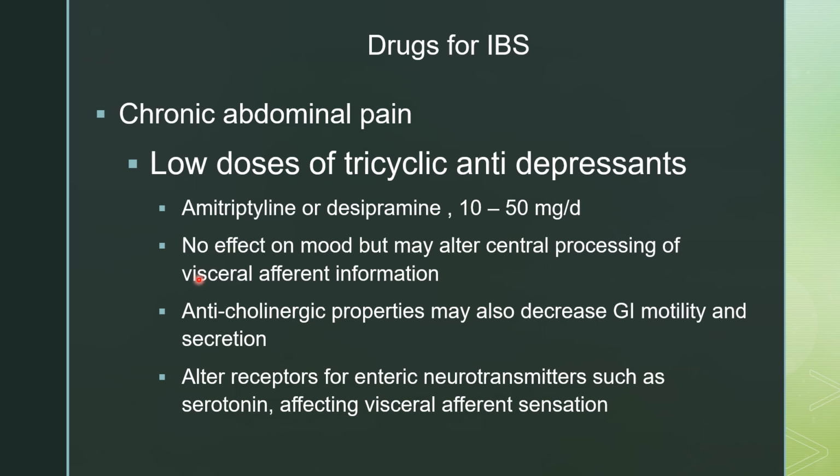Since this is low dose, it doesn't affect the mood, but may alter the central processing of your visceral afferent information. The anticholinergic activity of your tricyclic antidepressants may also decrease GI motility and secretion. Altering the receptors for enteric neurotransmitters like your serotonin will affect visceral afferent sensation.